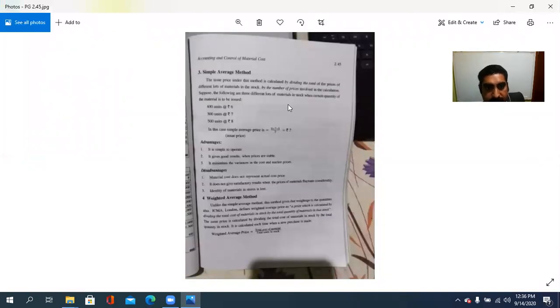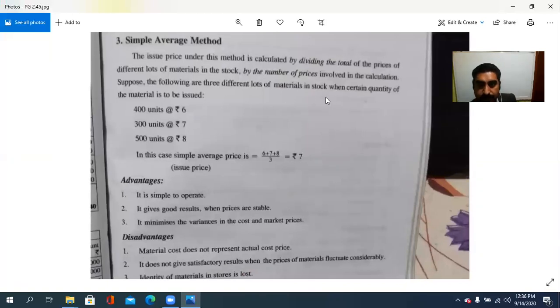See, this is the simple average method, the issue price under this method. We have seen LIFO and FIFO. Now the simple average method, and then one more, the weighted average method.